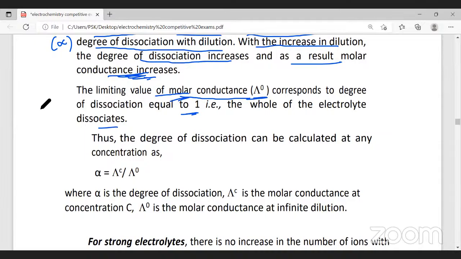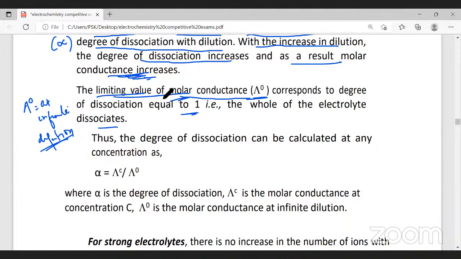Lambda naught is the conductance at infinite dilution. All the weak electrolyte would have dissociated, so ions formed will be more, therefore conductance will be more. That's otherwise called the limiting value of molar conductance.